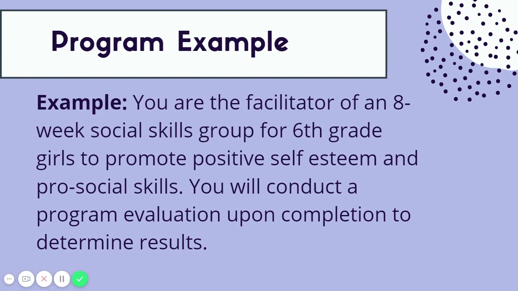So you're working, let's say, in a school, you run a girls group, and the participants that were chosen to be in the group have been identified as having poor self-esteem. You are going to use a set curriculum, and the goal would hopefully be to show some sort of improvement in self-esteem and pro-social skills for those participants. So this is our example. Now we've got to do the 6 steps of program evaluation.